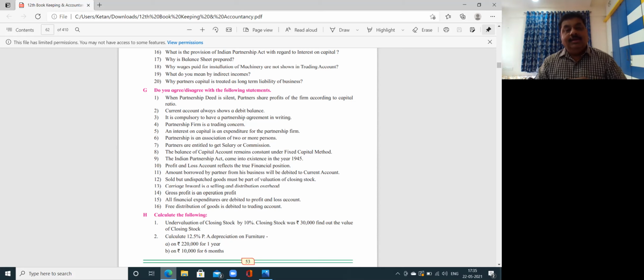Then rent received comes from investing activity, because you invest in purchasing property which is given on rental basis. Then interest received is received out of financing activity.